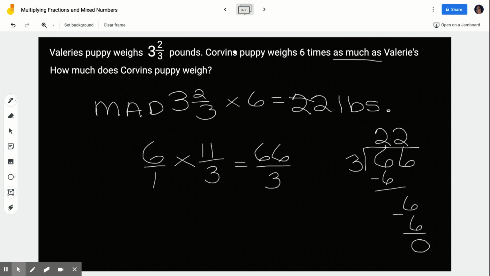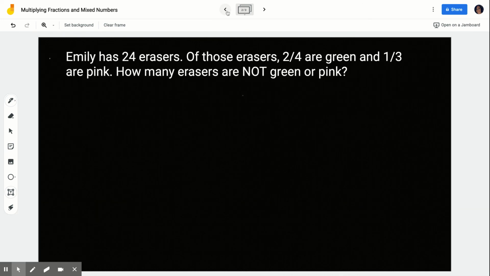Okay, let's take a look at another example of fraction multiplication. I'm going to back up a slide. This problem is a little bit different, but this is also multiplying. So Emily has 24 erasers. Of those erasers, 2/4 are green and 1/3 are pink.